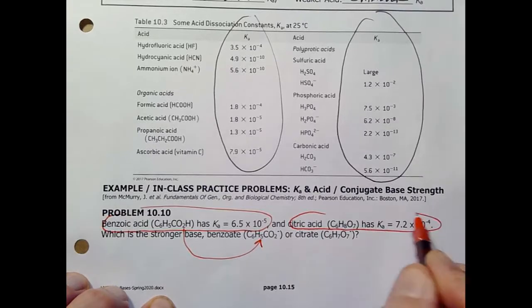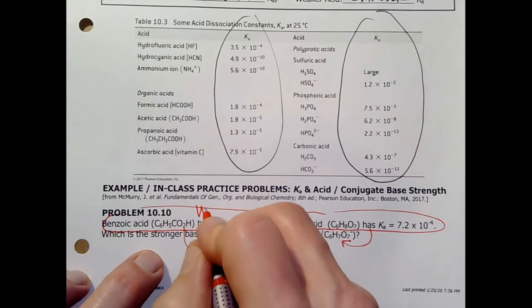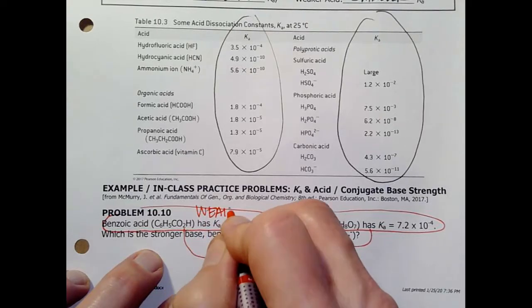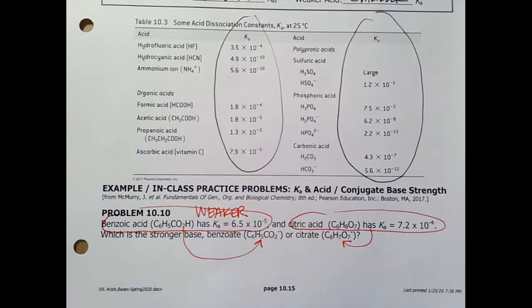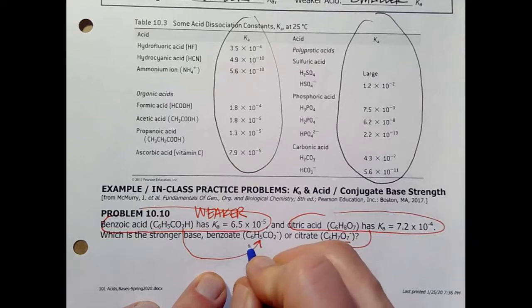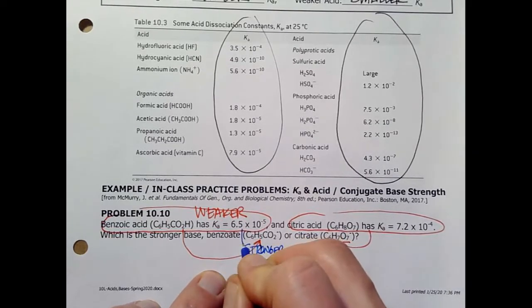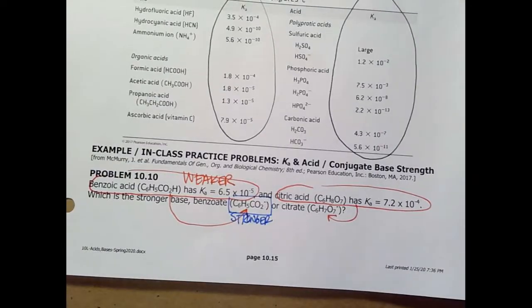Citric acid, conjugate base. This benzoic acid is weaker. Smaller Ka value, which means then that its conjugate base is stronger. It's that simple, really.